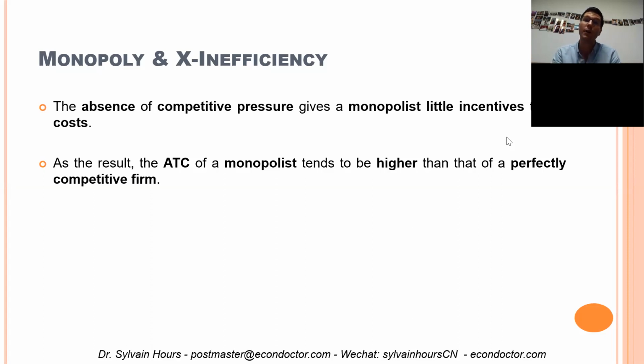You could also argue that this concept of X-inefficiency could be about the combination of factors of production, that when you face a weak competitive pressure, you might not have strong incentives to do research or to try different possible combinations of factors of production in order to find the one that will allow you to produce a given level of output at minimum cost.